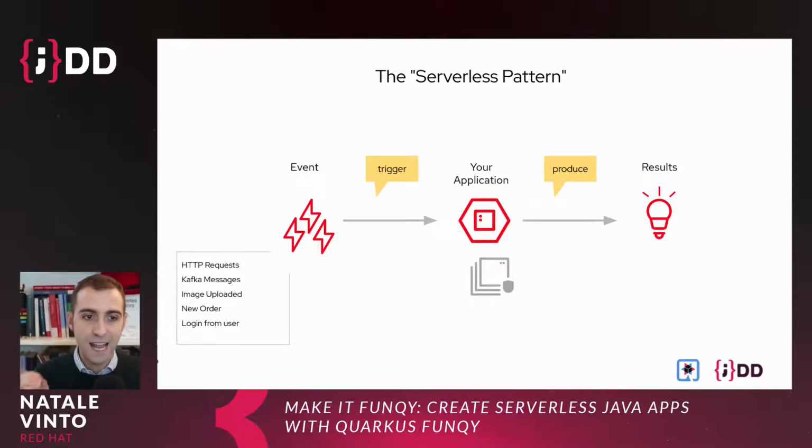The first phase is an event that may trigger your application, and this application can also be auto-scaled on demand, and your application can produce a result. The event that can trigger this can be an HTTP request, like we will see in the demo, but can be also some Kafka messages, image upload, PDF creation, login from a user.